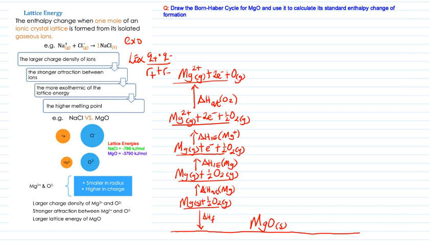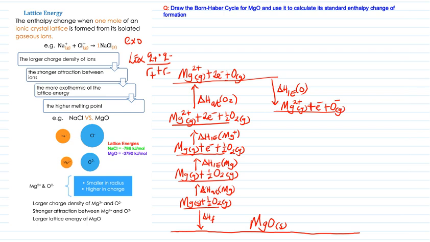All right, now we have oxygen atom. So the next thing is enthalpy change of first electron affinity. So it is exothermic. So we are going to have the oxygen ion, so we gained an electron, in gaseous state.